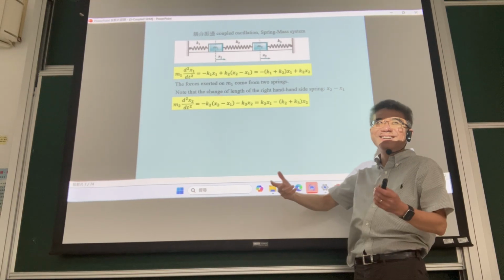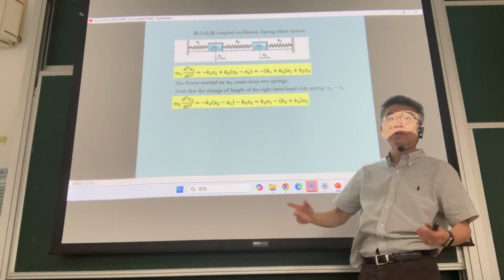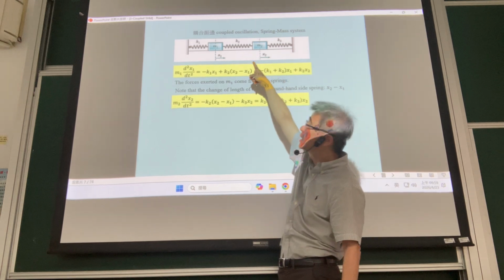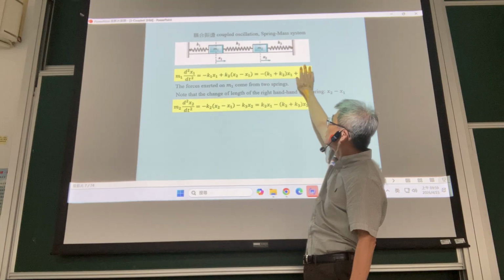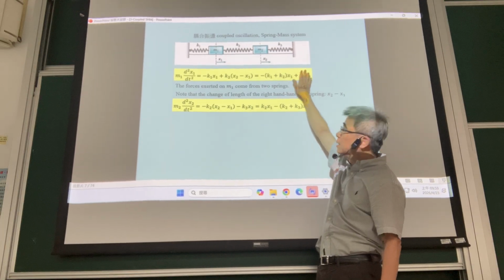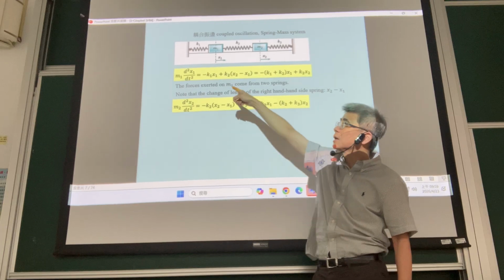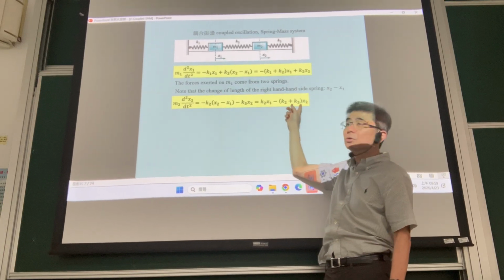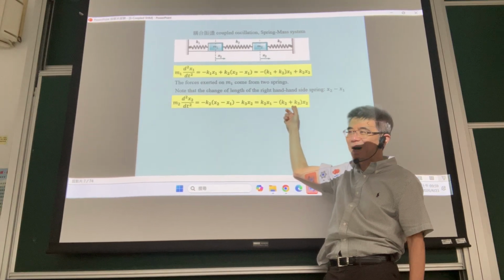They are not oscillating separately. If I cut off K2, so that K2 equals 0, then this term disappears, and this term disappears. Then x1 is only related to x1, and x2 only to x2, which we say is decoupled.